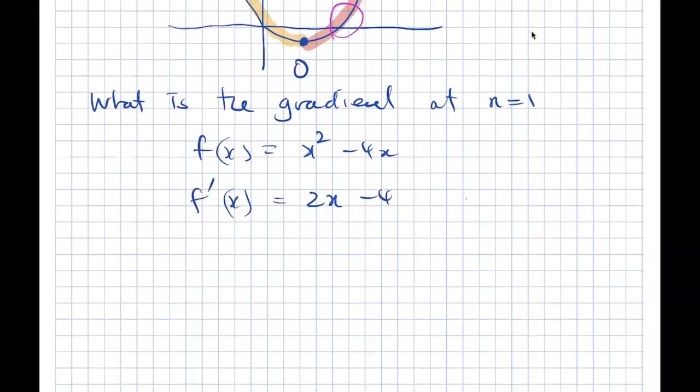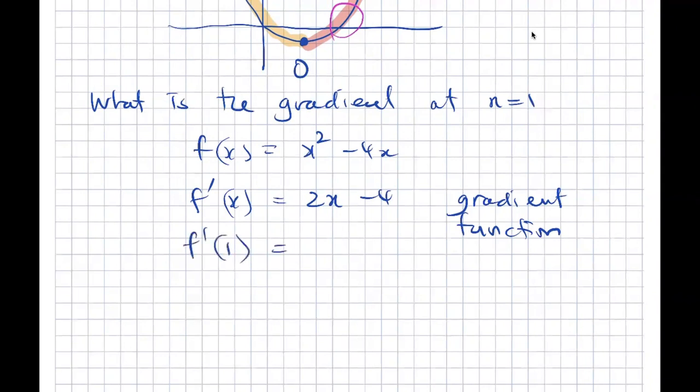So this is your gradient function, also called the differential. Two words that really mean the same thing. Now, to find the gradient at x equals 1, I need to substitute that 1 into the gradient function.